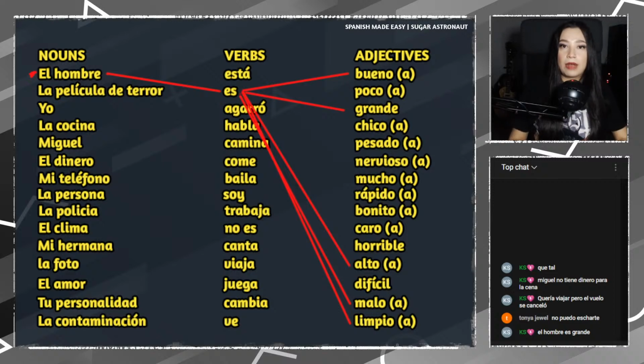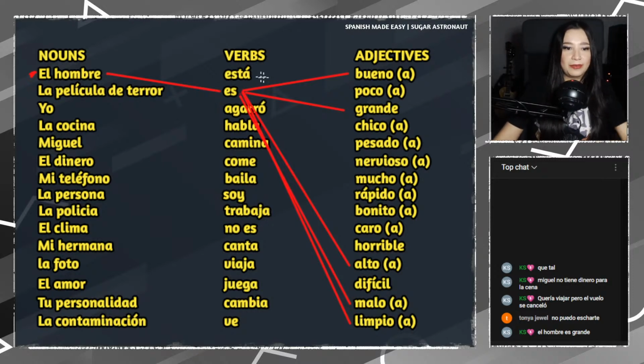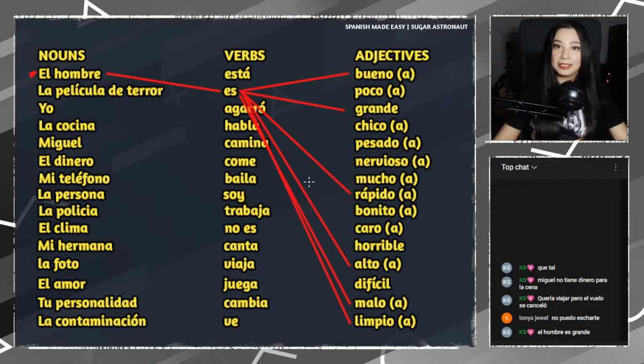You can describe someone physically, or you can talk about how the person is. Is he a bad person, a bad man, a good man, right? So that's very, very good. You can also say el hombre es rápido, the man is fast, okay?